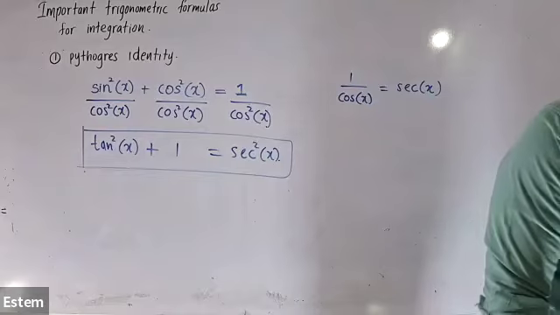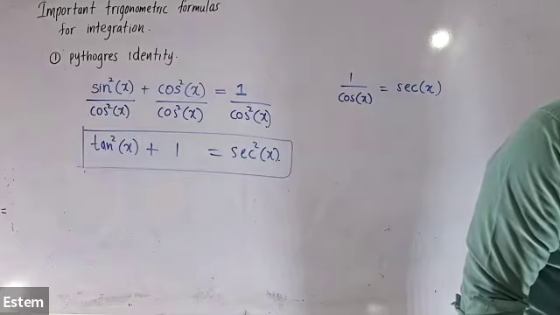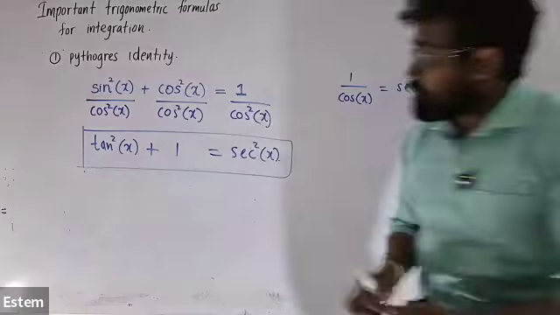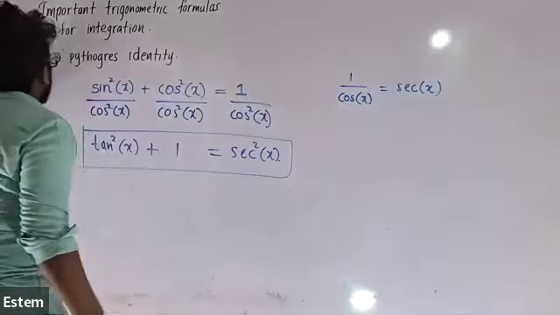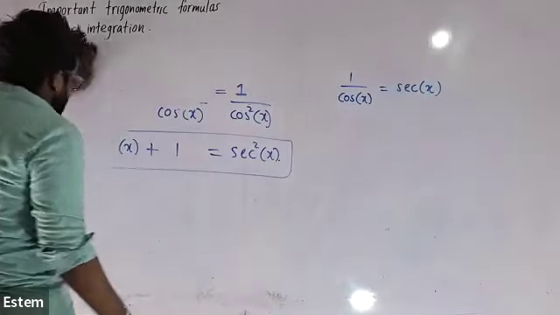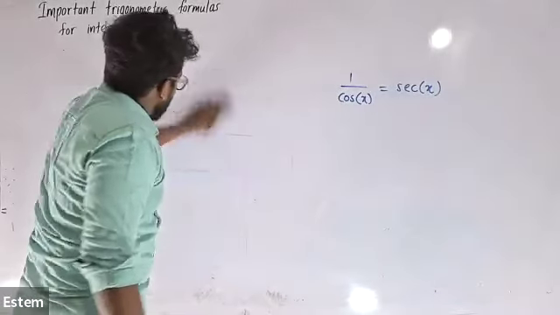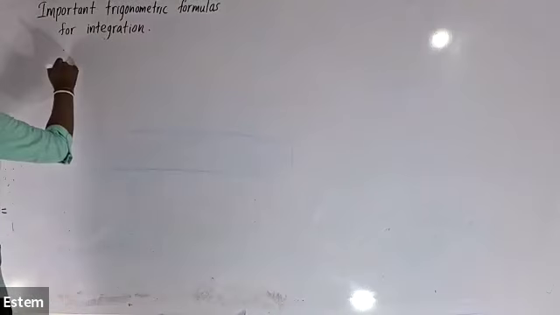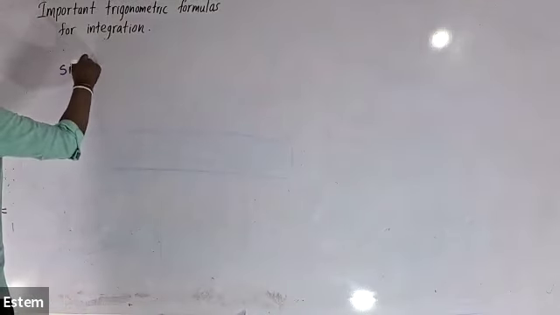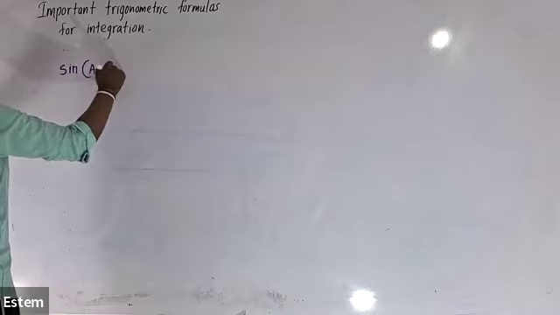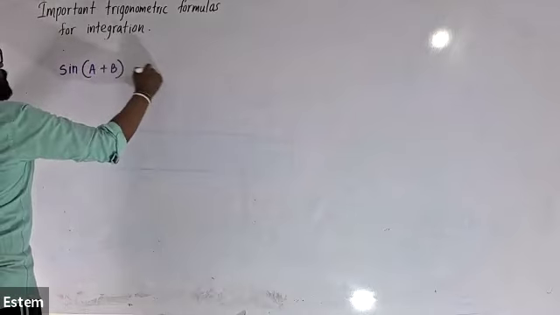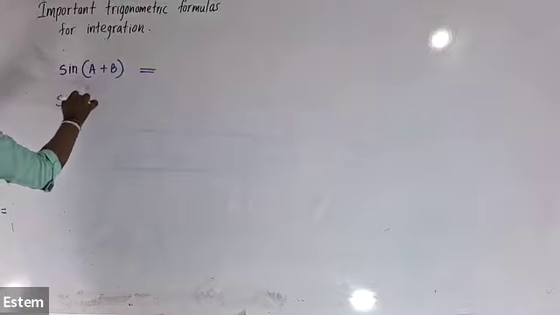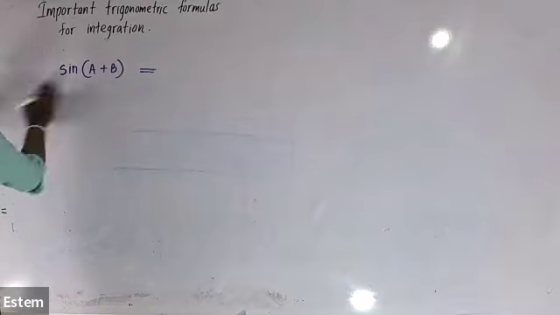Okay, Pythagorean identities all over. Now summation formulas. Do you know how we expand sin A plus B, and sin A minus B?